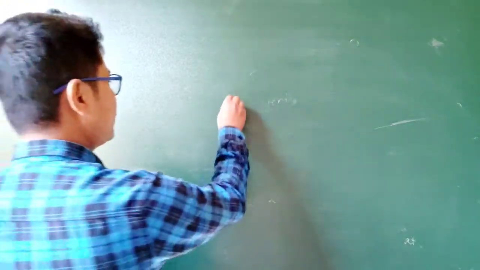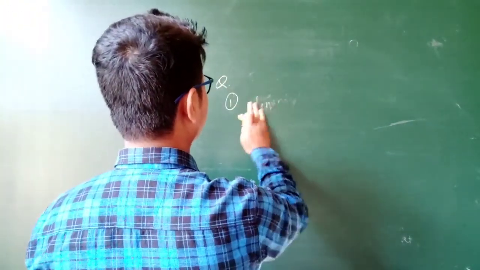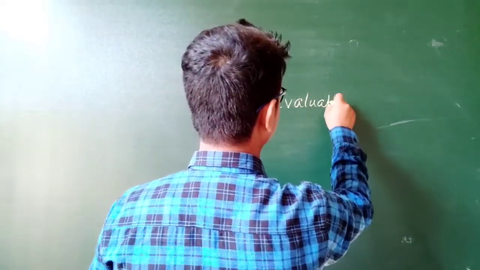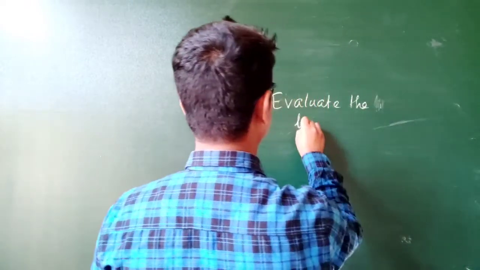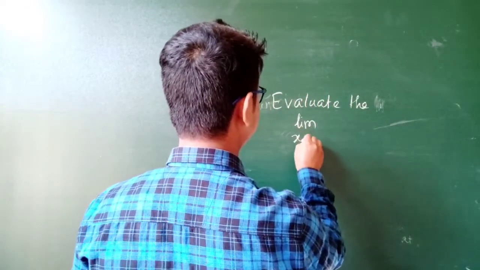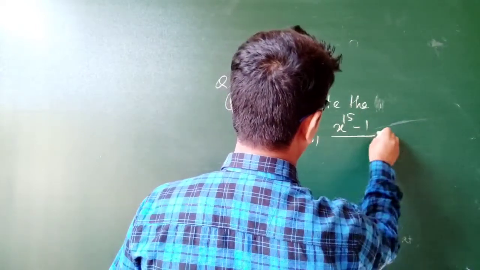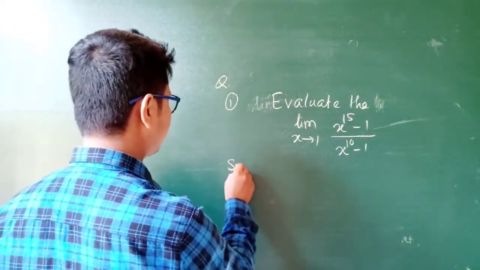So look at problem number 1. Question number 1: evaluate the limit x tends to 1, x to the power 15 minus 1 divided by x to the power 10 minus 1. So we need to solve this problem.